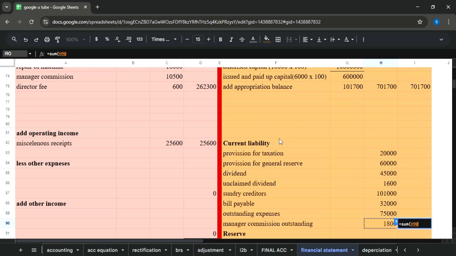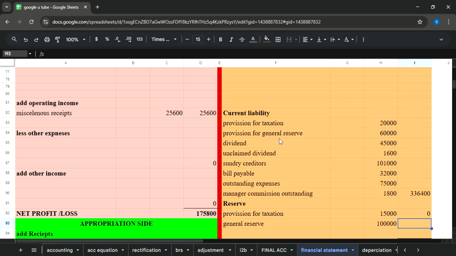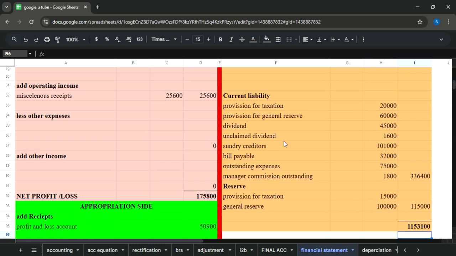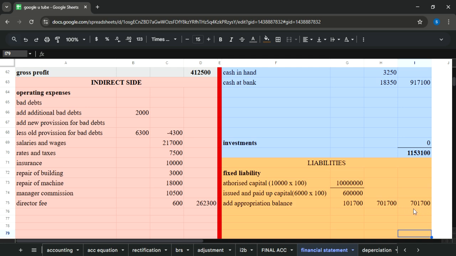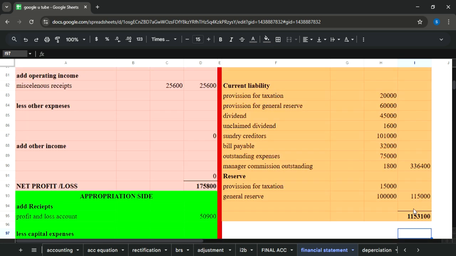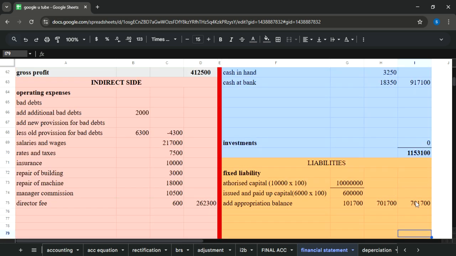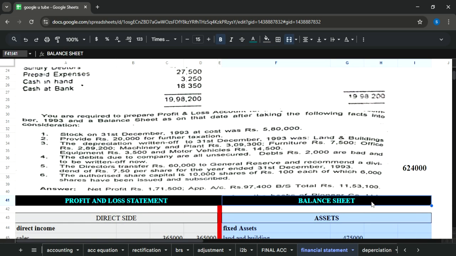Take sum of all current liabilities. There are two provisions. We are taking their sum, and finally what we are getting is sum of current liabilities, sum of reserves, and sum of fixed liability. To get grand total of liabilities, we will add all sums present over here, sum of current, fixed liability, and reserve. So we have got 1,153,100, and balance sheet answer is 1,153,100.